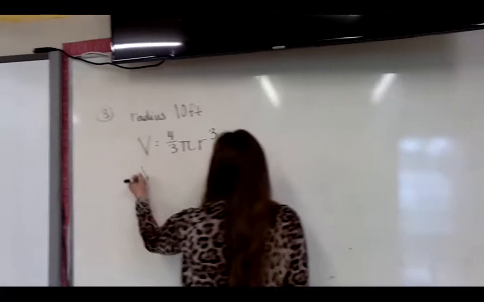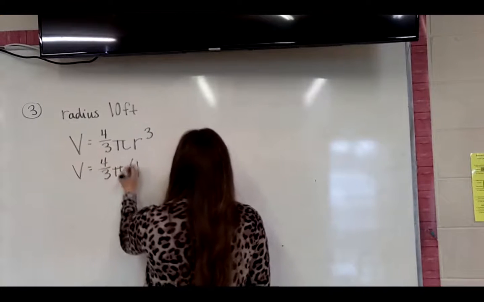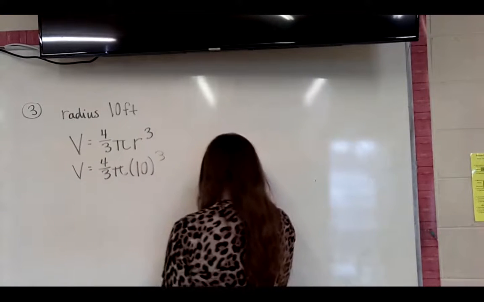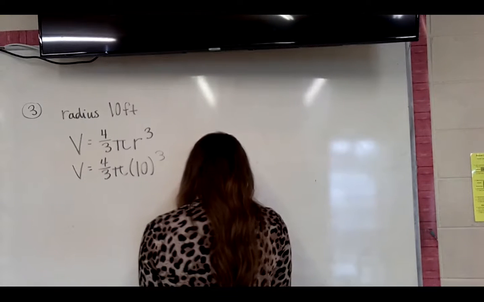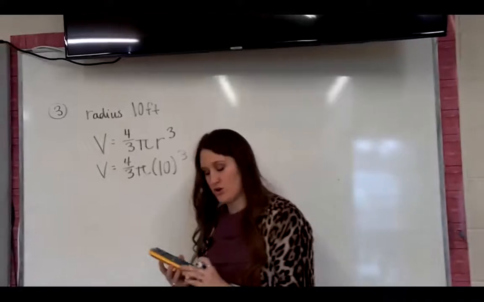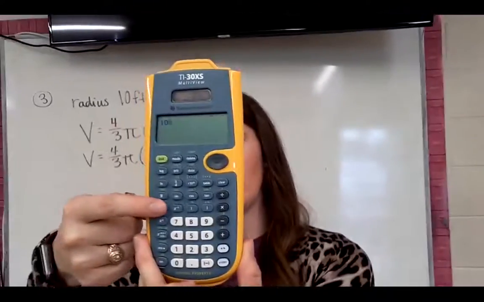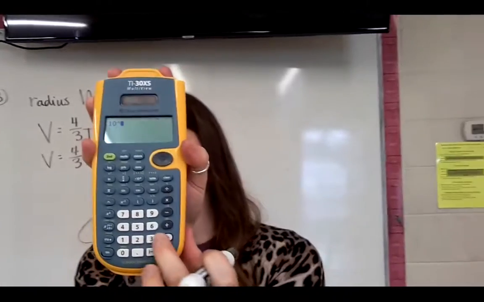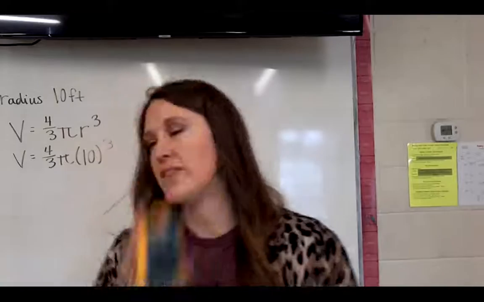Okay, so we have 4/3 pi r, and r is 10 cubed. Well, 10 cubed is 1,000. If you forgot how to enter that on your calculator, you press 10, then the little up arrow for what exponent you want. Then when you type 3, that means 10 to the third power. Okay, 1,000.